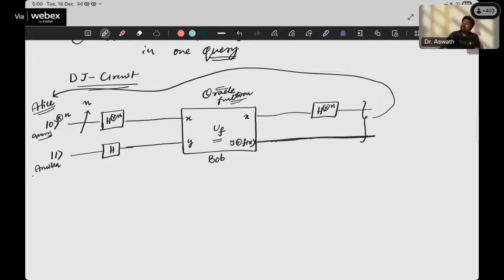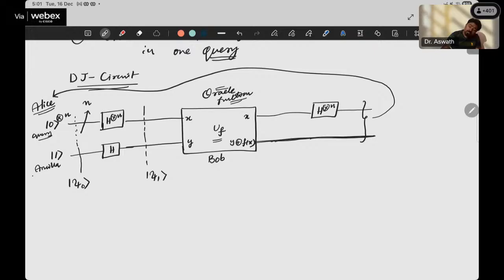Now, if you look at this circuit, it consists of various stages. What is stage number one? Stage number one is at the very start. I'll call it the quantum state psi 0. And what is number two? Stage number two is the quantum state psi 1. What does it consist of? It consists of Hadamards acting on psi naught.